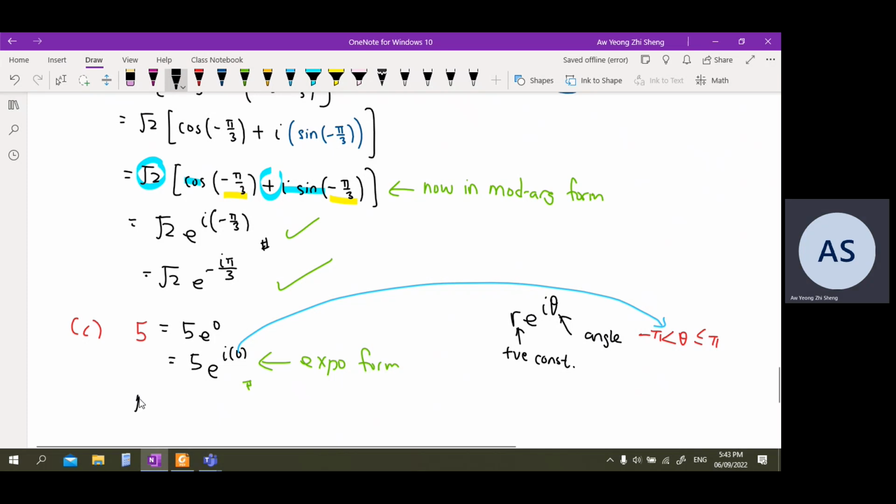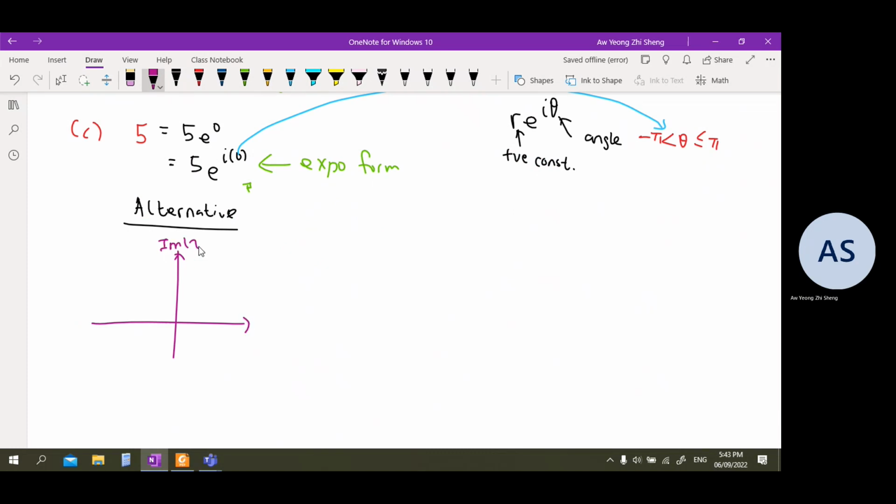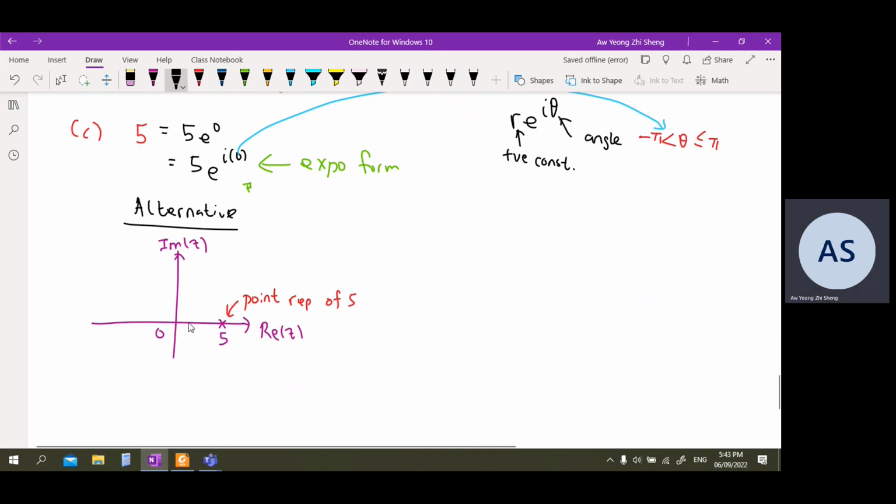Okay. An alternative way to do the same question C is to notice that from the Argand diagram, the real value of 5 will be a point on the real axis. This is the point representation of the number 5. And so the vector representation will be the vector that connects the origin to the point representation.